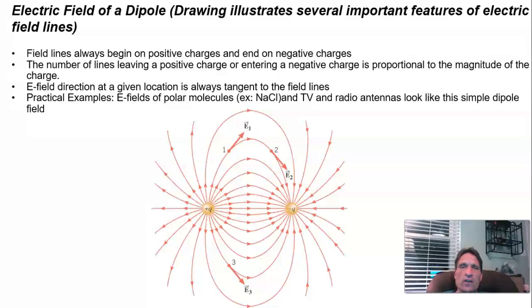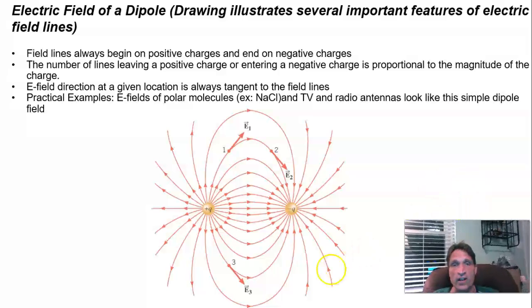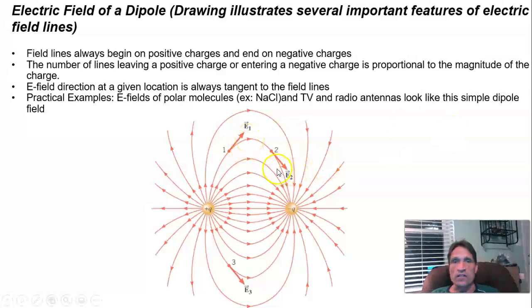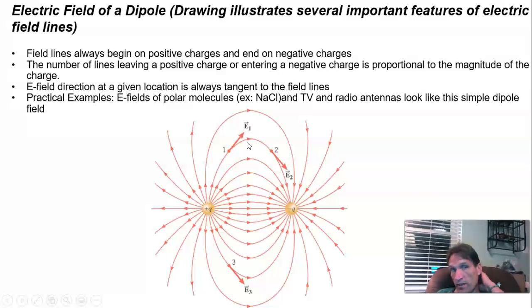Finally, here's the electric field of a dipole. If we were to calculate the electric field at all points in space and draw our little vectors, they would look like this. But the electric field lines, by definition, are tangent to the electric field at every point in space.